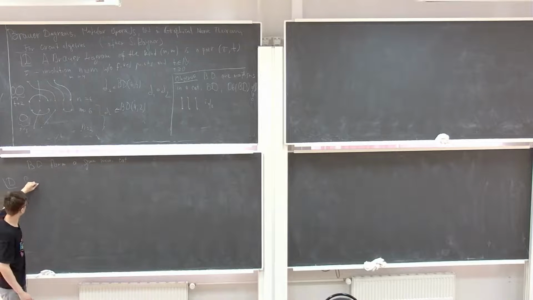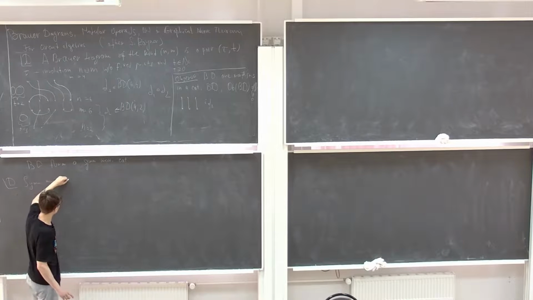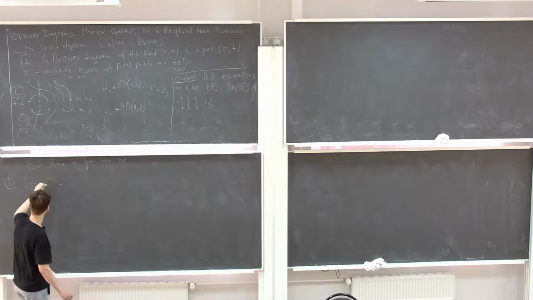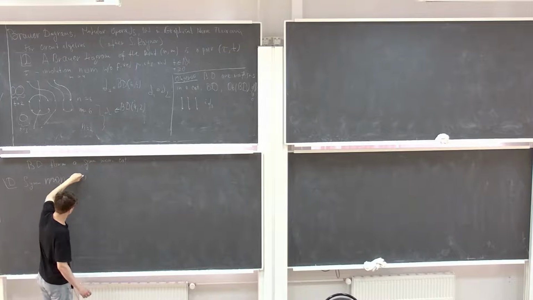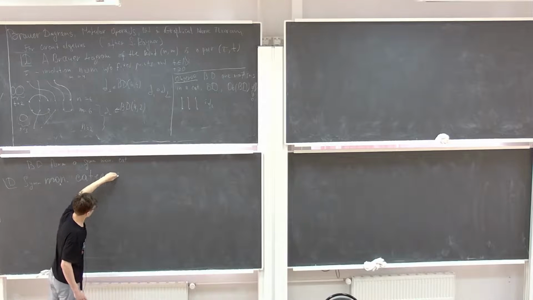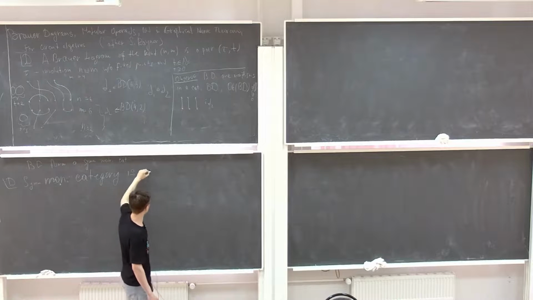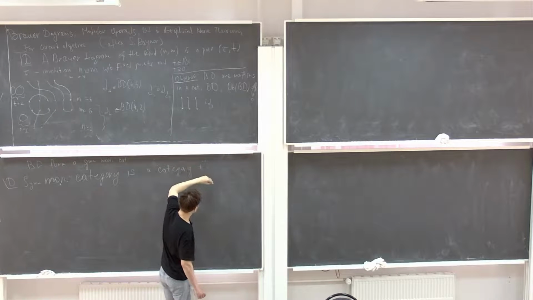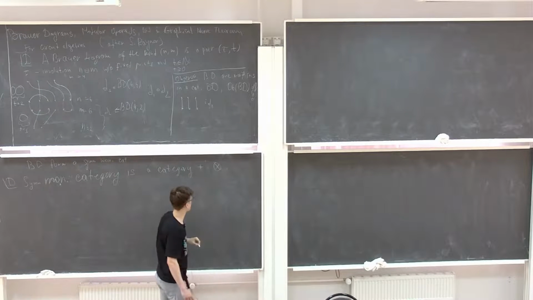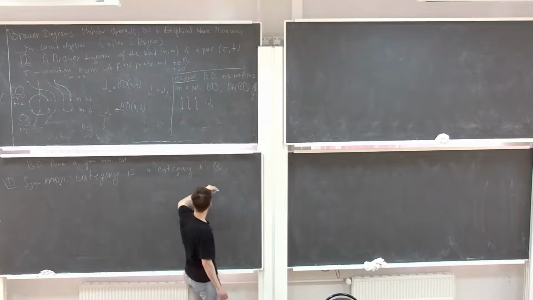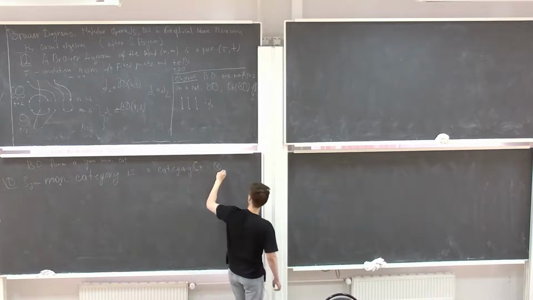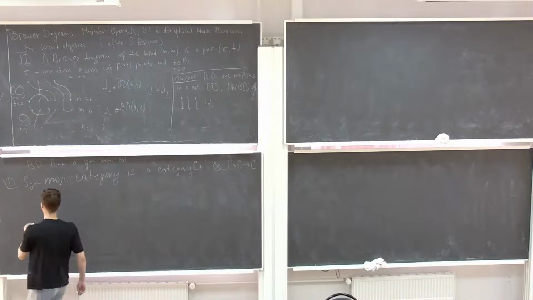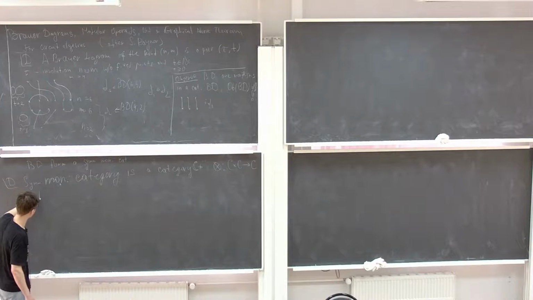A symmetric monoidal category is a category plus an operation which we denote by ⊗. If we denote our category by C, then ⊗ acts from C times C to C, with the usual properties of the product.